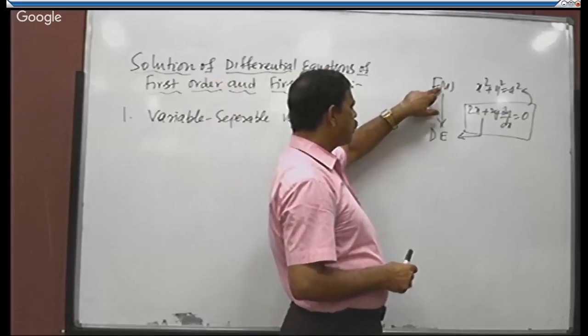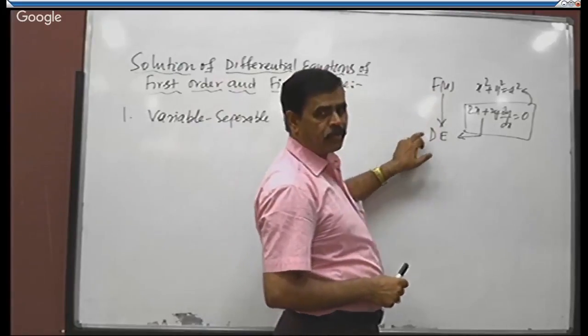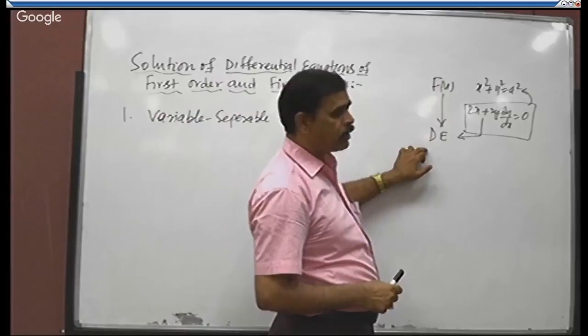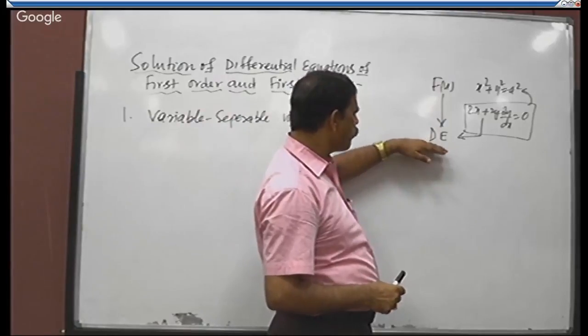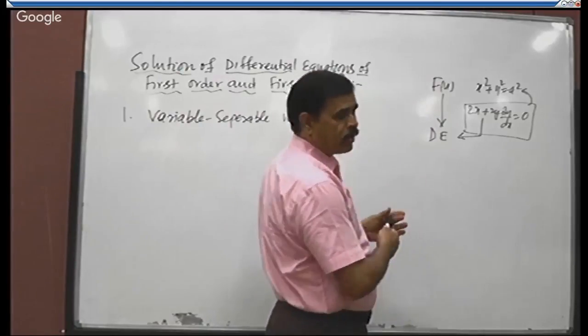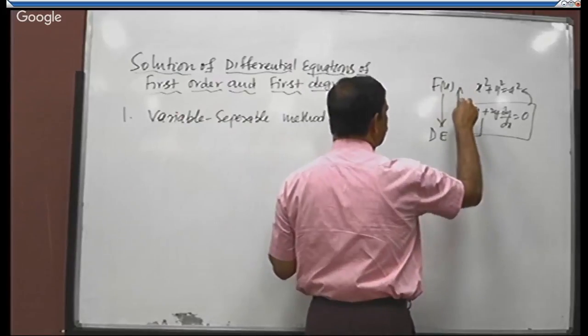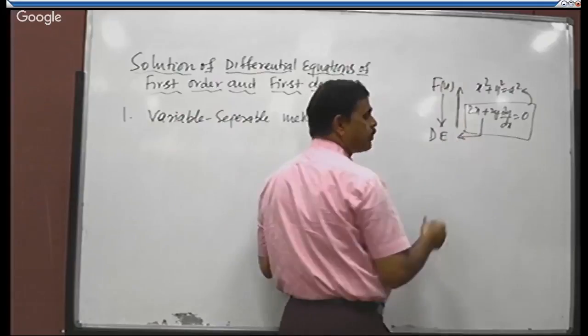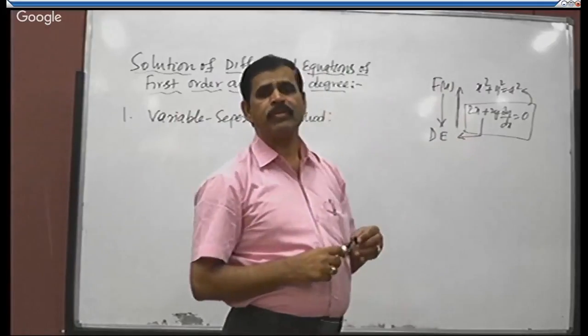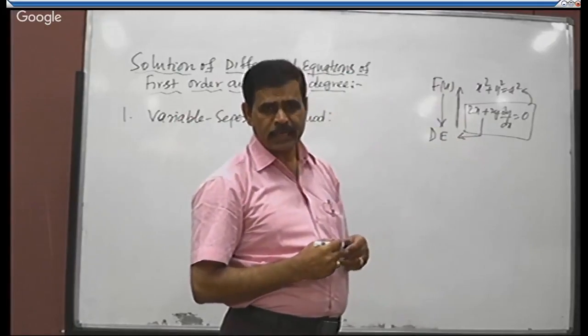From the function, if you differentiate it, you will get the differential equation, right? From the differential equation, we have to go in the reverse direction to get the solution. The reverse direction of differentiation is what? The reverse process of differentiation. It is called as integration.